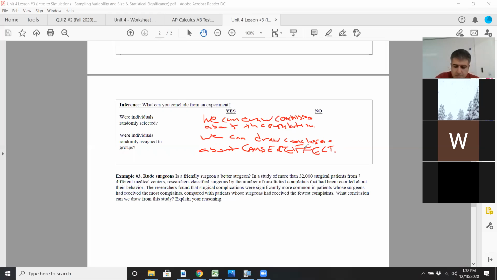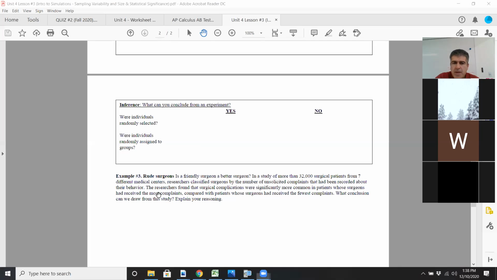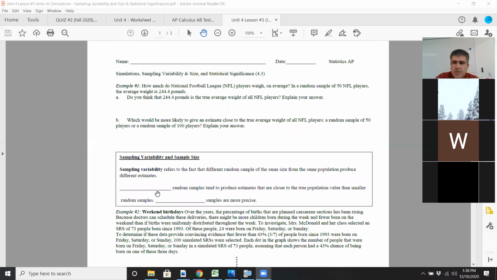But if you say no to any of those, then if you don't randomly select, you can only draw conclusions about the people you selected, and you can't draw conclusions about cause and effect if they're not randomly assigned to those groups. So it's all about just randomizing stuff when you're doing these analyses.